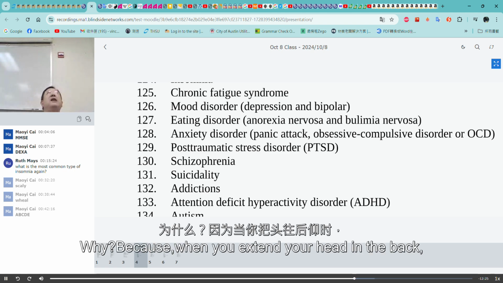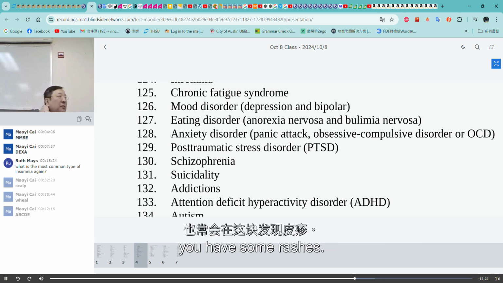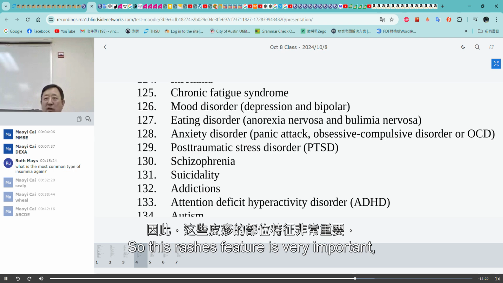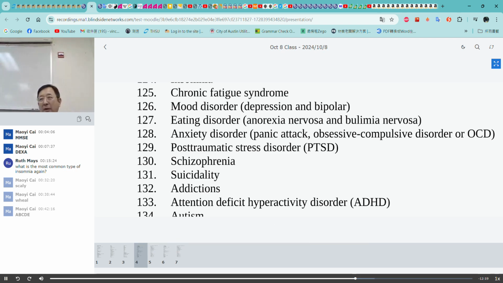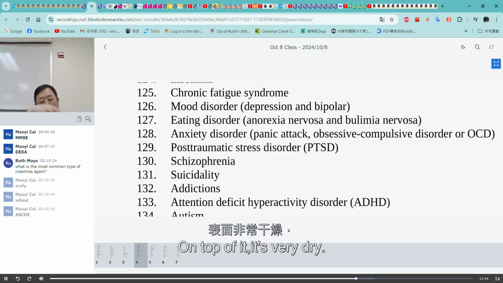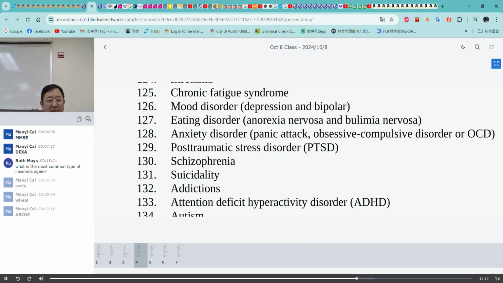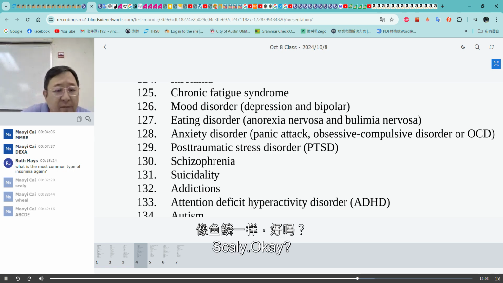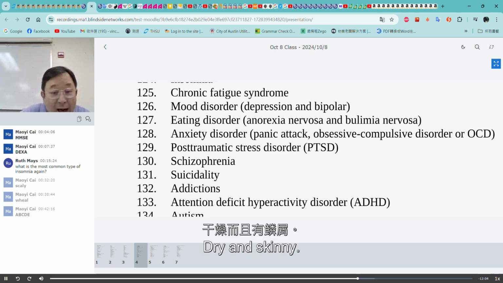Why? Because when you extend your head back, you have some rashes. So this rash feature is very important for psoriasis. When they describe it like this, the base is red. On top of it, it's very dry and scaly, with scales. Okay, dry and scaly.